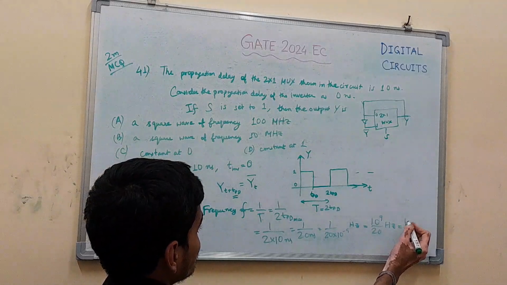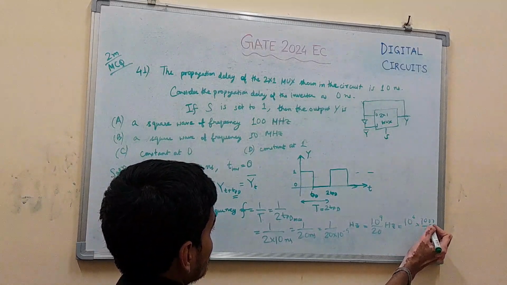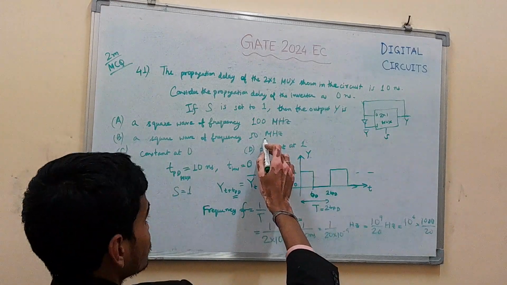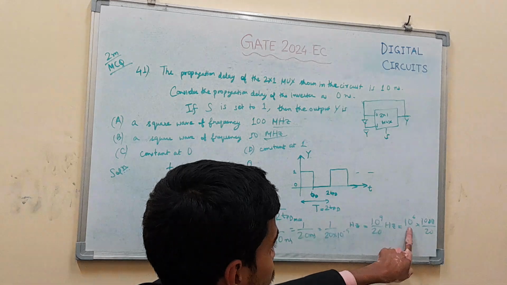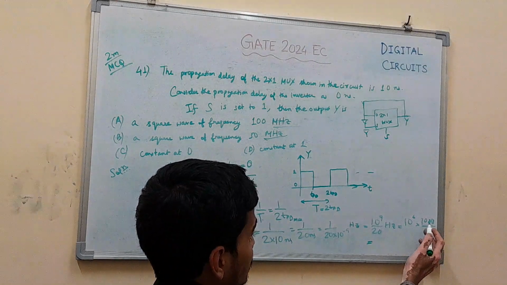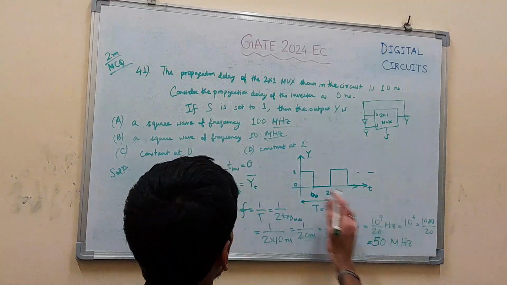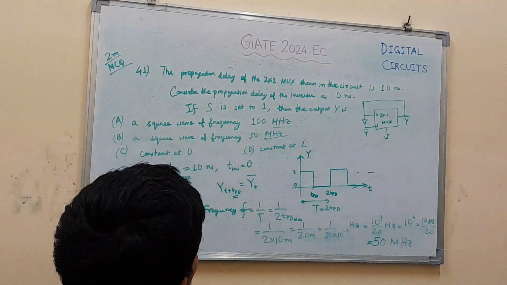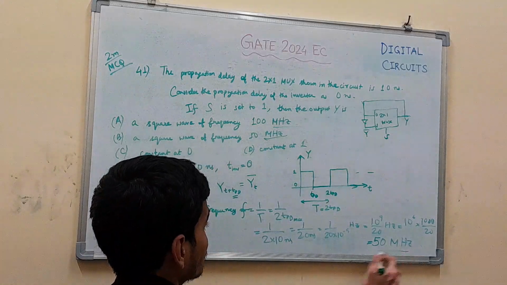We take 10 to the power 6 outside because the frequency is in megahertz, so what remains is 1000 by 20, which is 50. So the frequency of the output Y of the 2 into 1 mux is 50 megahertz.